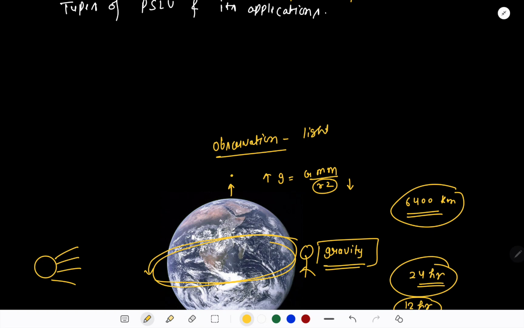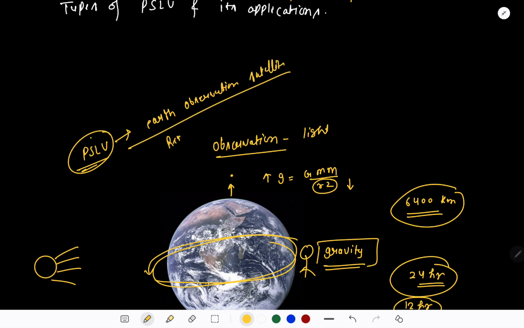Hence PSLV is also known as the Polar Satellite Launch Vehicle. These satellites are also known as earth observation satellites, or you can also call them remote sensing satellites.